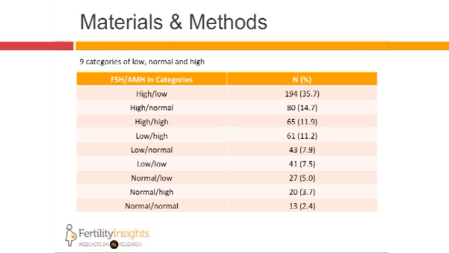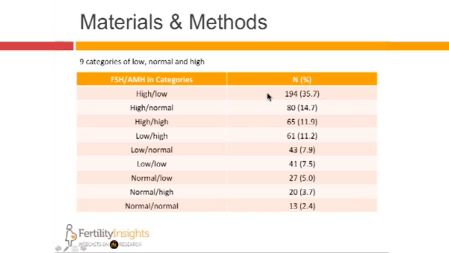And as I already mentioned, one can come to 9 combinations of FSH and AMH, where either FSH is normal and AMH is low, FSH is normal and AMH is high, FSH is normal and AMH is also normal, or obviously all the other combinations.